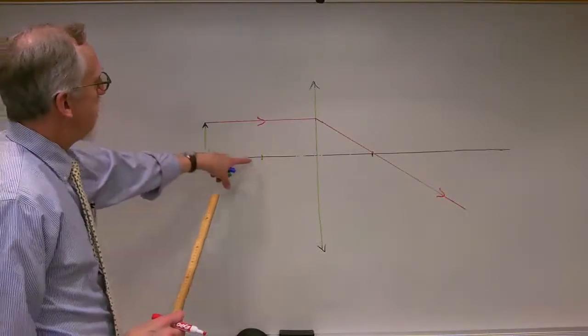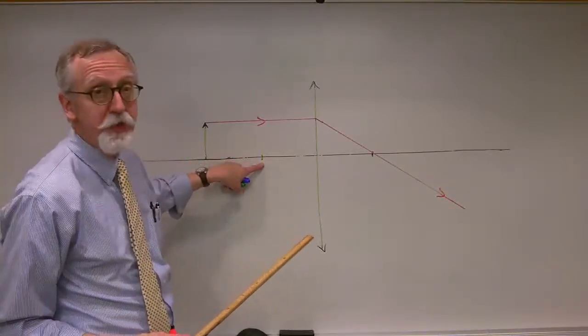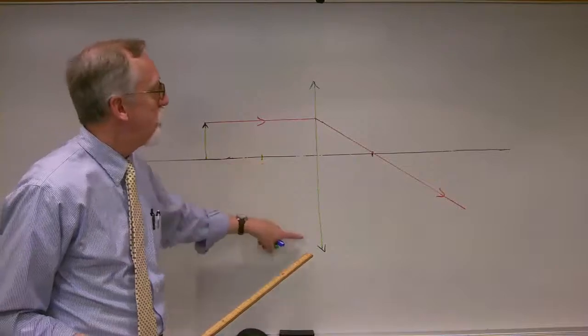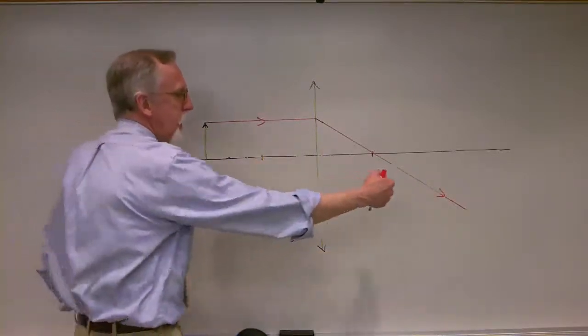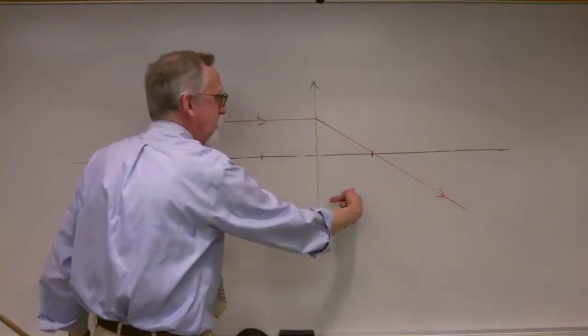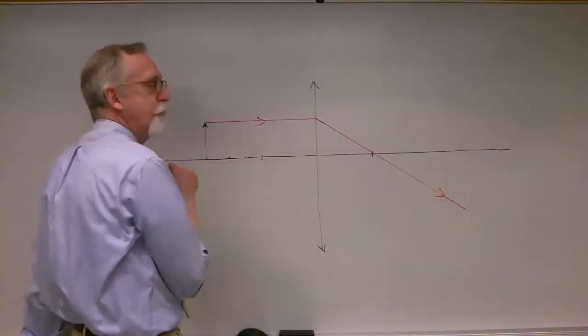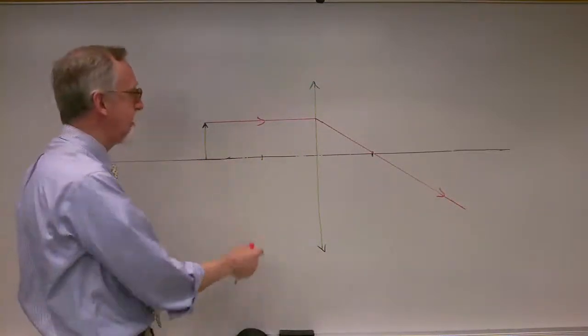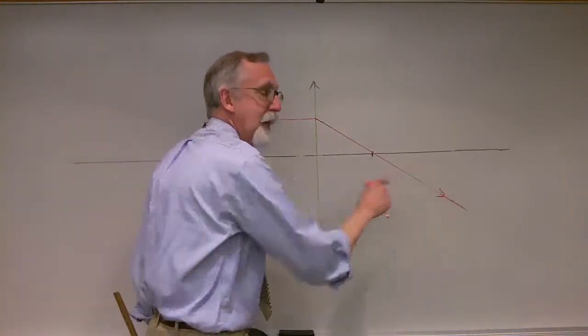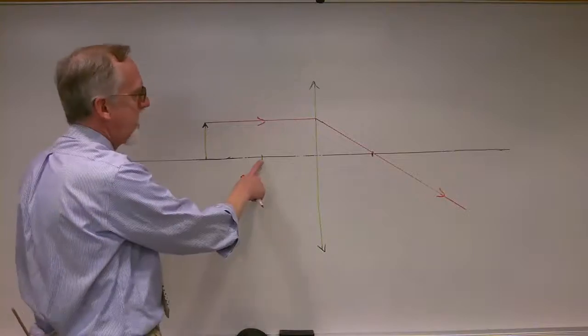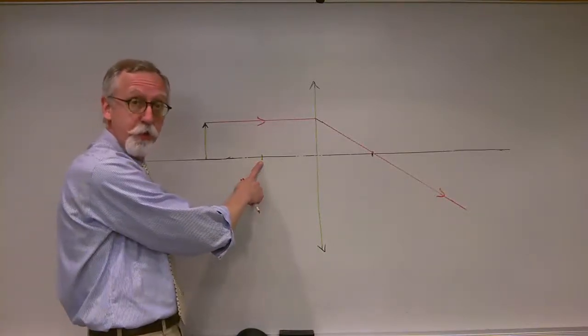We also know that a ray that comes from this focal point will come out parallel. Remember the other way, we said a ray that came in parallel this way would be refracted through the focal point. Another way of saying that is that a ray that comes from this focal point will be refracted out parallel. Well, let's draw a ray that comes from this focal point.